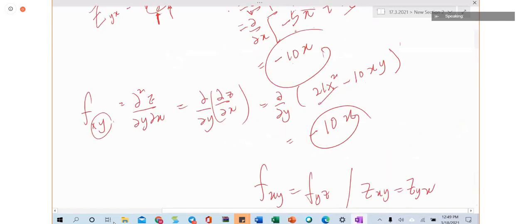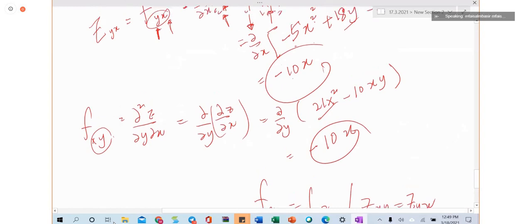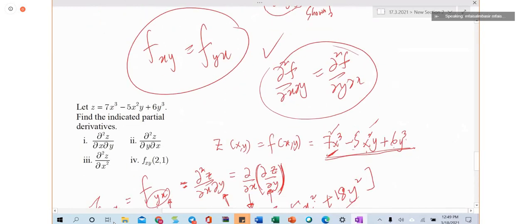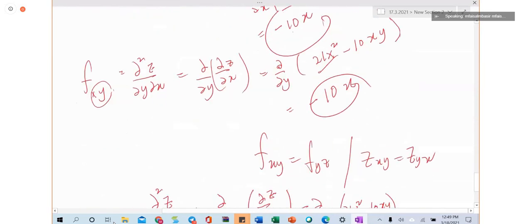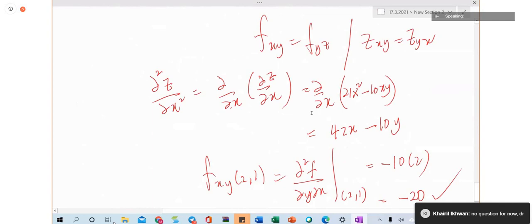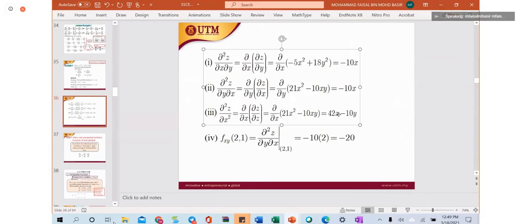Let me check whether there is anything wrong here. It is 21x squared, then differentiating gives 42x. So this is 42x minus 10y. Something wrong here? Oh, it's 42x, correct.